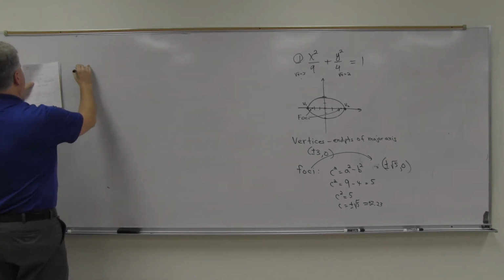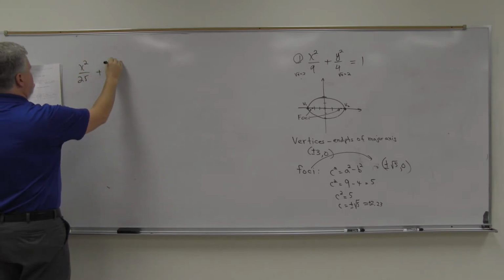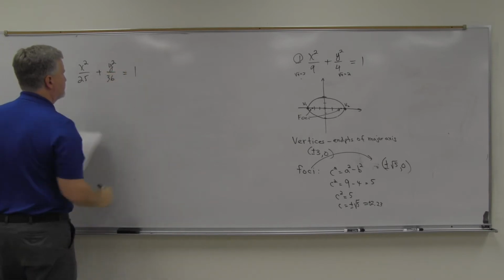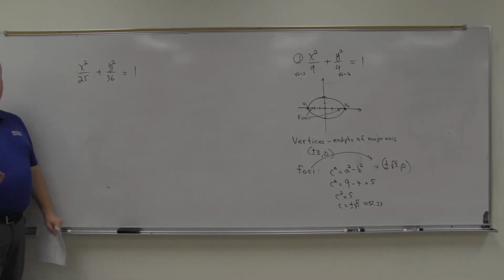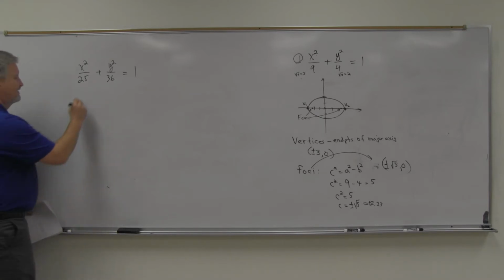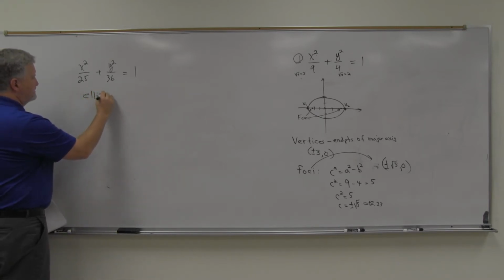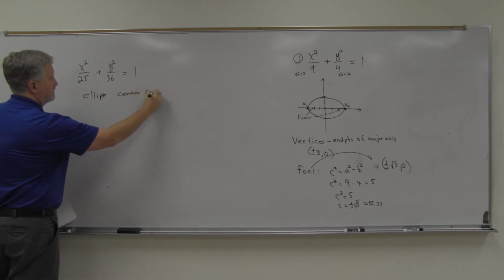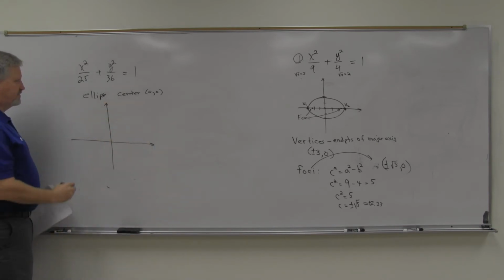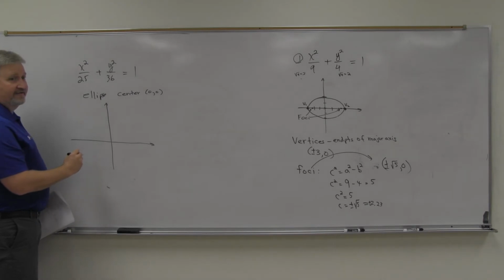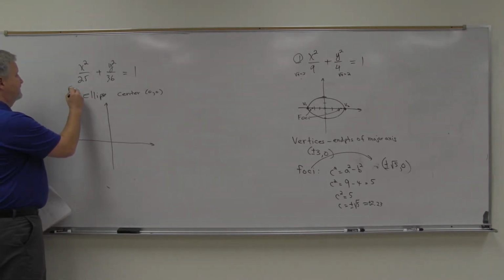What else? X squared over 25 plus y squared over 36 equals 1. Ellipse, right? It's not shifted, so the center is 0, 0. Let's graph it to get the other bits of information here. How far on the x do I go? 5.